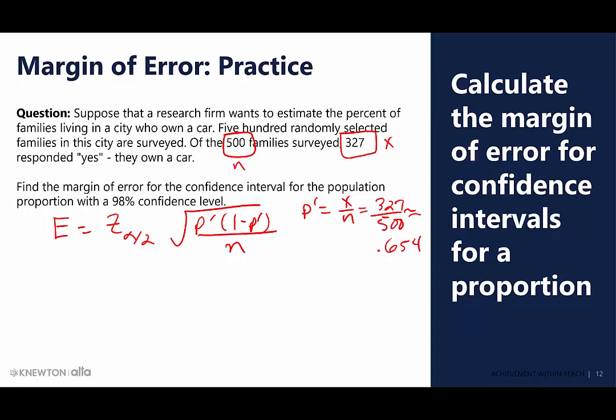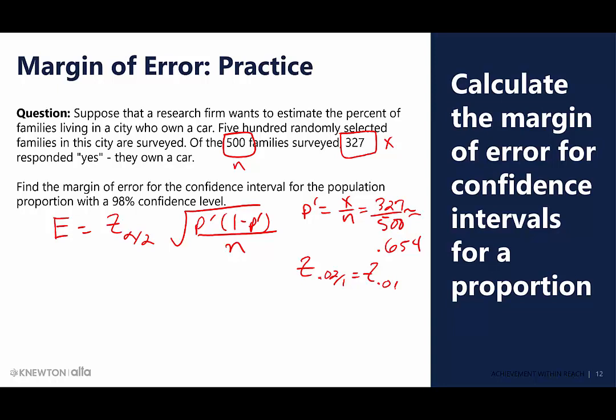Now we also need to figure out our z-score. If the confidence level is 98%, that means alpha is 2%. But remember, we have to take half of that alpha. So we need a z of 0.02 divided by 2, which is just asking for a z-score whenever you have 0.01.